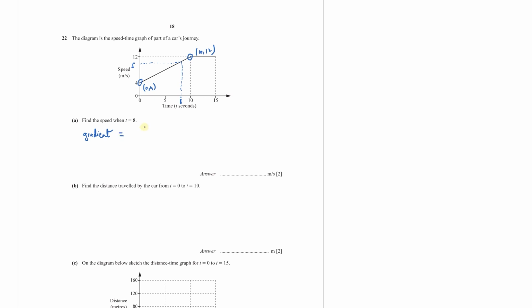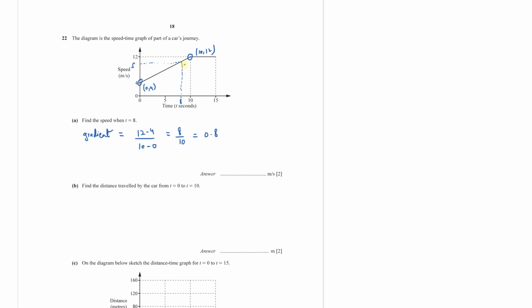So gradient would be y2 minus y1, which is 12 minus 4 over x2 minus x1, which is 10 minus 0. So your gradient is 8 over 10, which is 0.8.